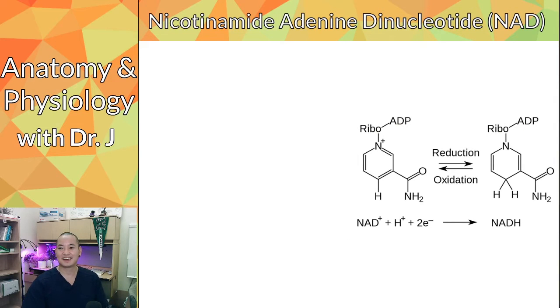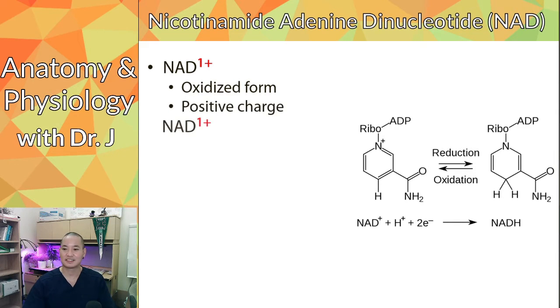Now, nicotinamide adenine dinucleotide, I rarely hear it referred to as that. Most people say NAD. So this is what's happening here. This is NAD plus, and I'm putting the 1 here just to say that plus means it has a charge of +1. This is the oxidized form. Now what happens when it gets reduced is that it gains electrons.